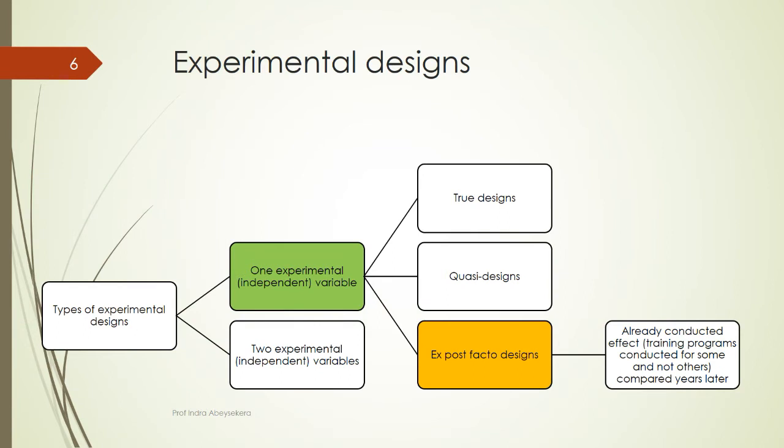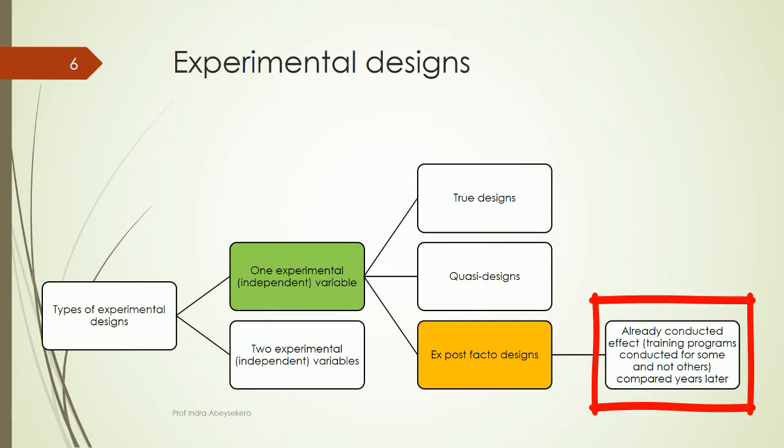The third way of conducting one experimental variable study is ex post facto design. That is where the effect of programs has already been conducted, and then we look at them later on.